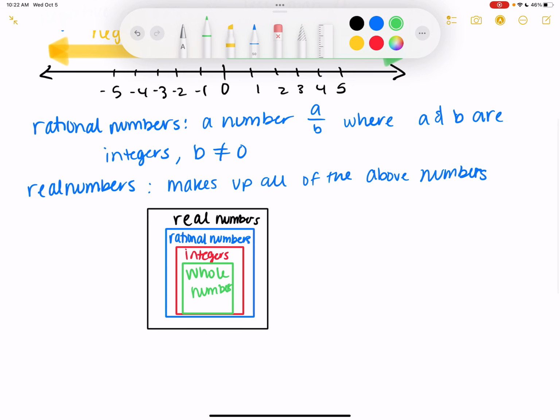So then, as part of the rational numbers, we need to determine if it repeats or terminates.